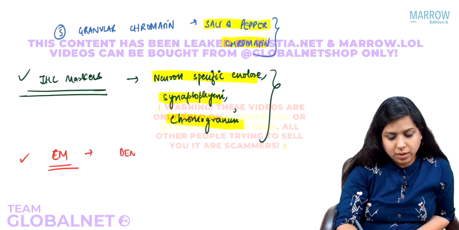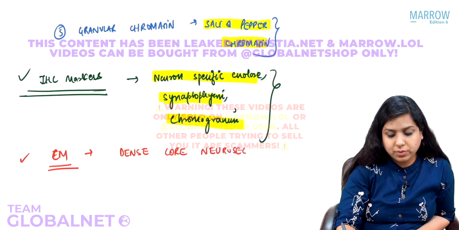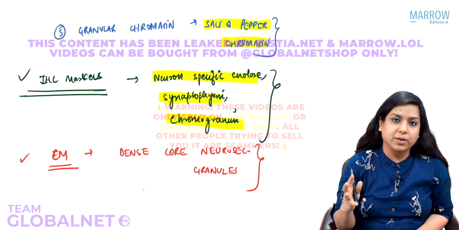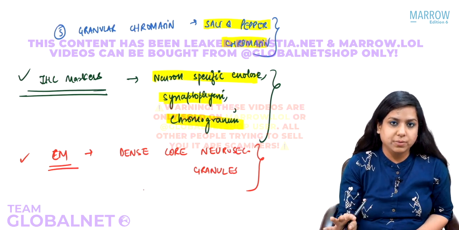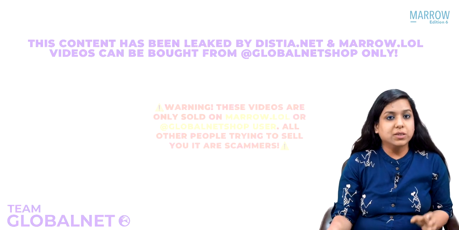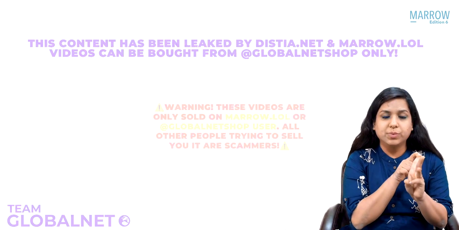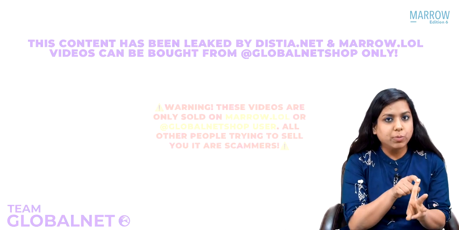We see dense core neurosecretory granules. On electron microscopy, I see dense core neurosecretory granules for any neuroendocrine tumor, right? So I'm repeating once again, for any neuroendocrine tumor, 3 things. Histopathology will show salt and pepper chromatin.